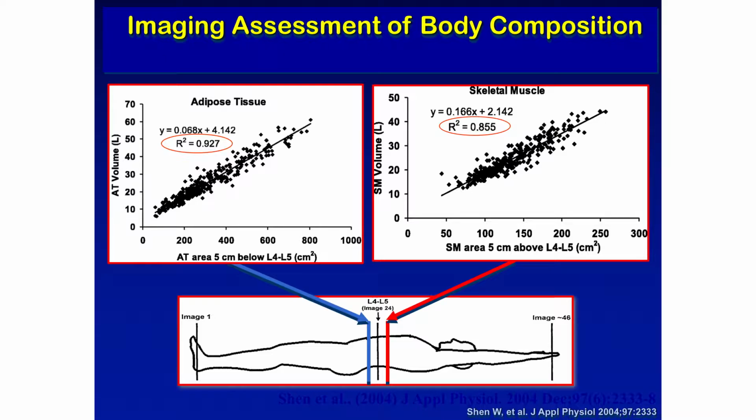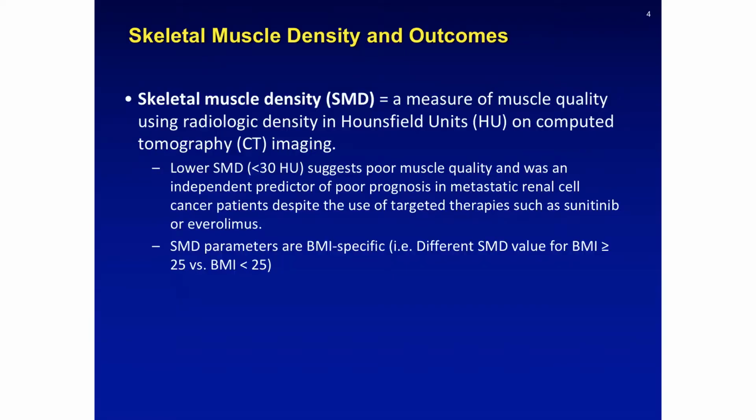One thing we didn't focus on much in the beginning, 4 to 6 years ago, that we are now becoming increasingly interested in is something called skeletal muscle density. Below 30 is fat, and from 30 and up is muscle. From minus 30 to 30 is sort of a gray zone.